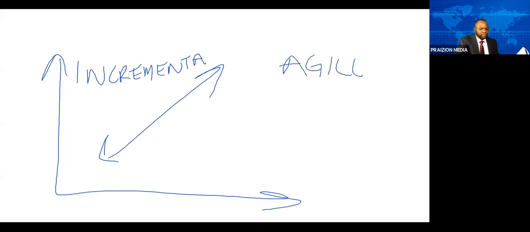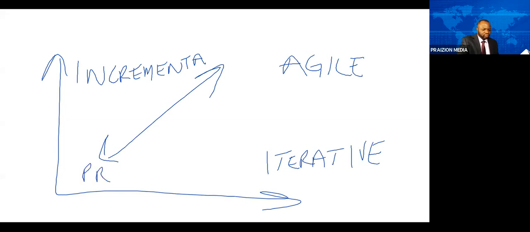And then directly underneath Agile, you see Iterative. And then to the left of that, you see Predictive. And then on the x-axis, it says degree of change.